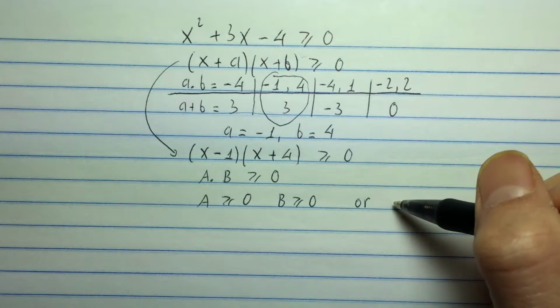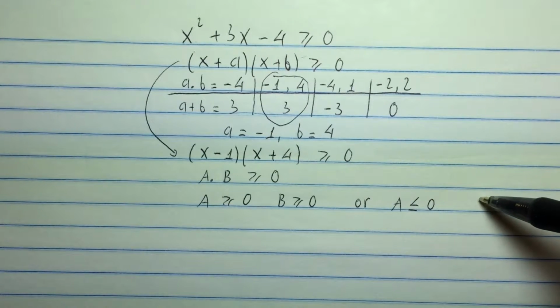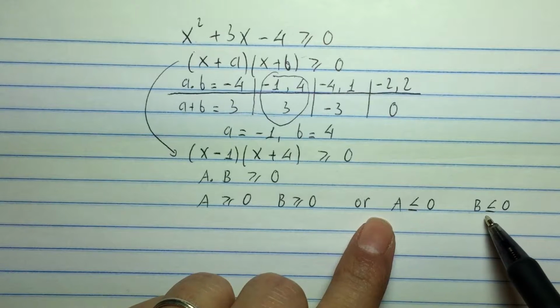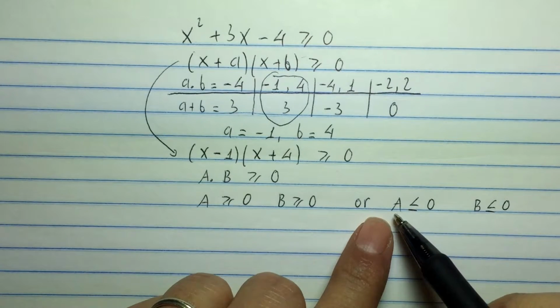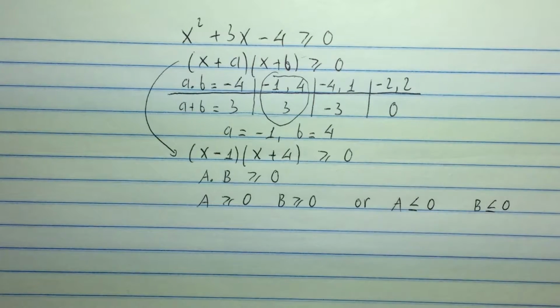Or both a and b less than or equal to 0. Example, a equals minus 5, b equals minus 5, so minus 5 times minus 5 equals 25, bigger than 0.